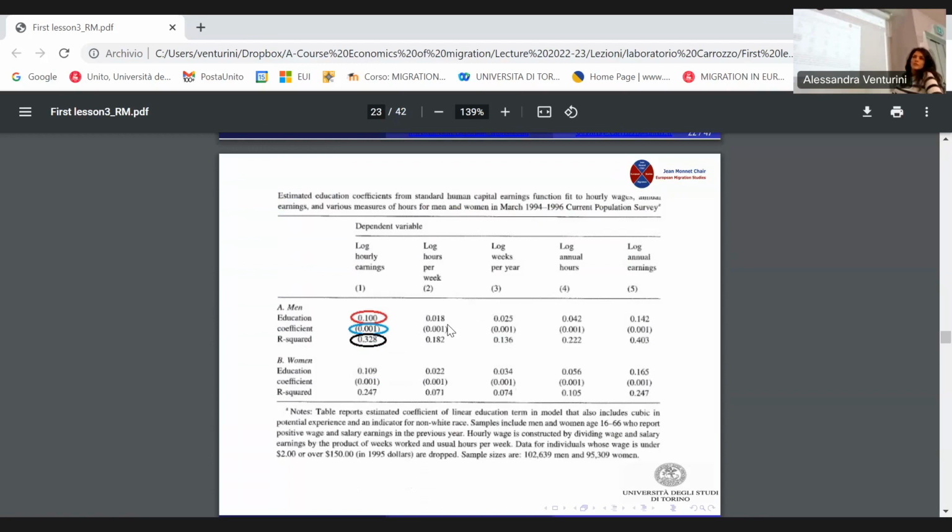While for men, we are speaking of education, the role of education in explaining the wage of men. Hourly and annual are strongly affected by education. There is less variability. Instead, for women, other variables are important, both for the hourly wage and for the annual one. So they don't improve.